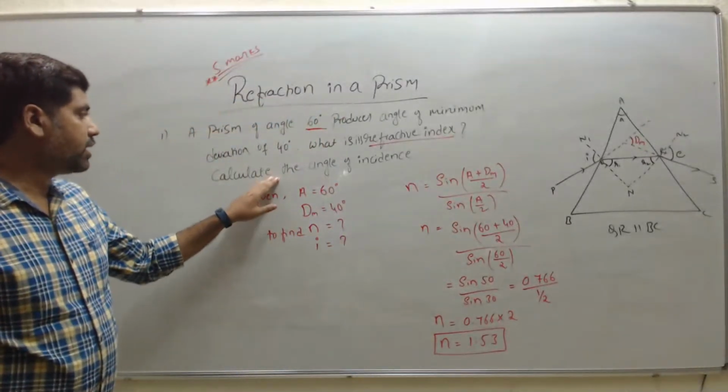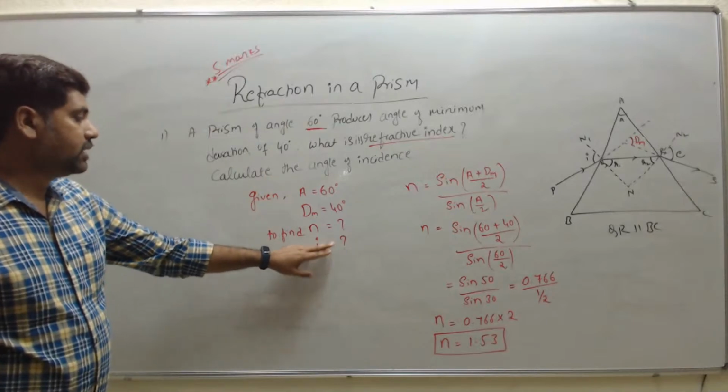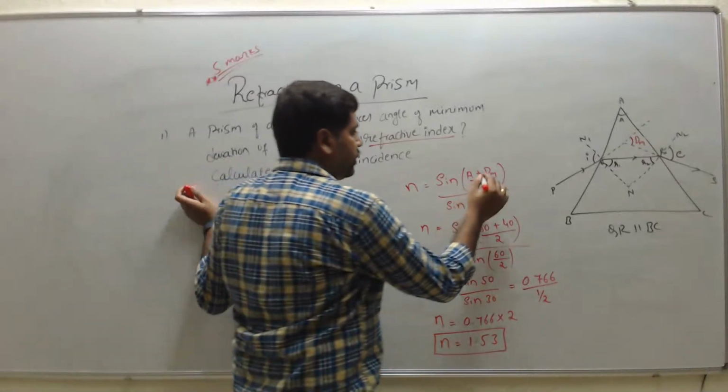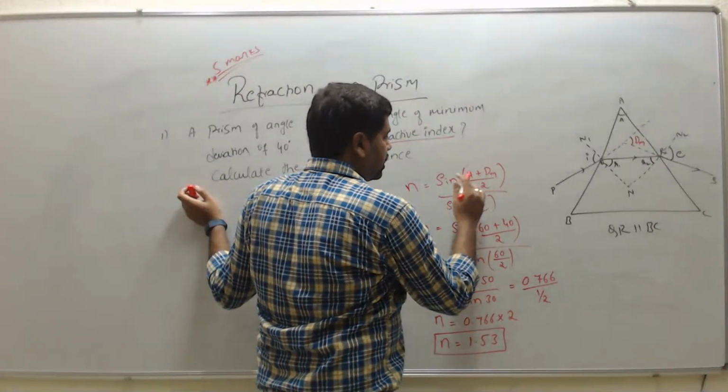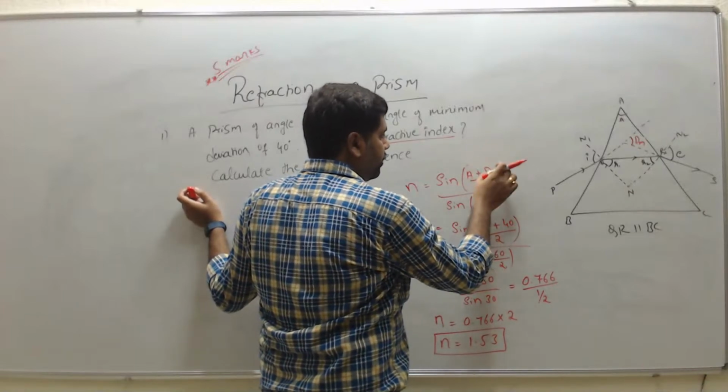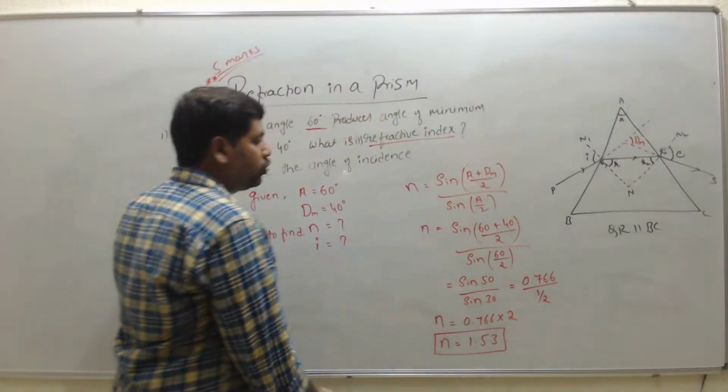Next, we have to calculate the angle of incidence I. In the prism formula, we are using Snell's law, sin I by sin R, where for I we write (A plus Dm) by 2.